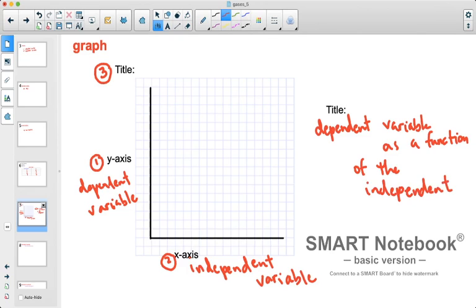And some people have some fancy names for the title of their graph, but basically if we just wanted to write a simple title, it's really the dependent variable as a function of the independent variable.